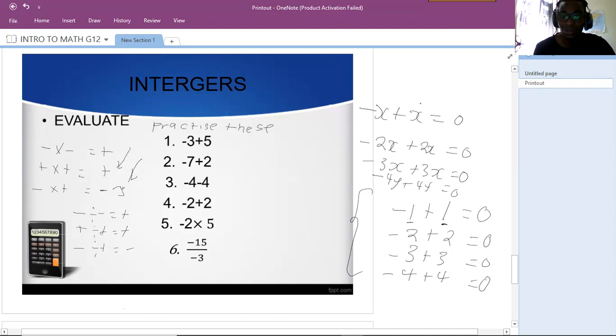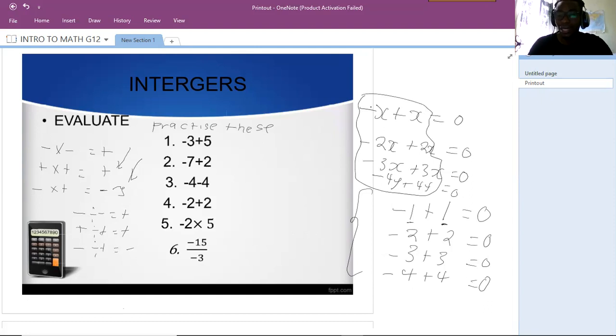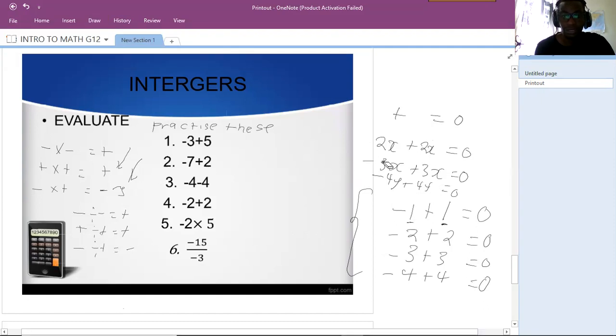When they introduce these variables, these letters, they're not changing anything. They're just there to act as variables in an algebraic expression, and they are like terms. So we can add the like terms, subtract the like terms, and multiply the like terms. So let's move on to question 5.